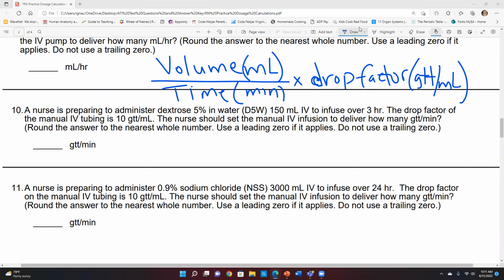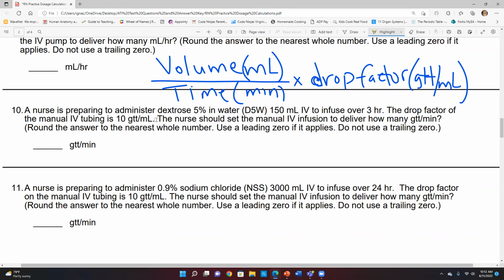All right, we are going to look at question number 10, which is a drop factor kind of question. So the nurse is preparing to administer dextrose 5, which is D5W, 5% in water, 150 ml IV to infuse over 3 hours.